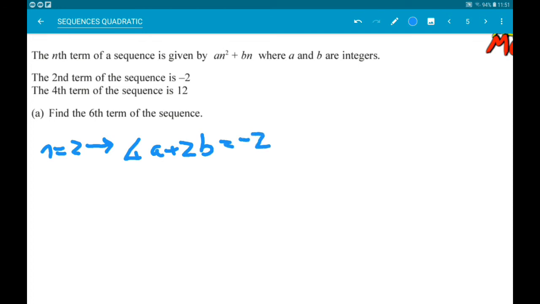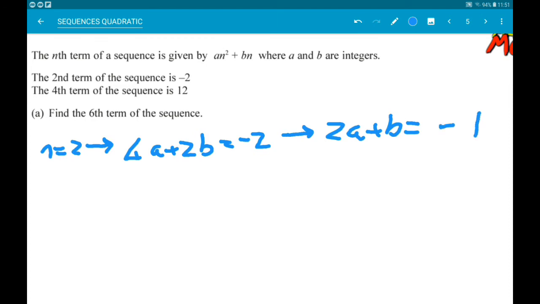Now that has a common factor of 2, so we can divide that away, and that will give us 2a add b is equal to minus 1.